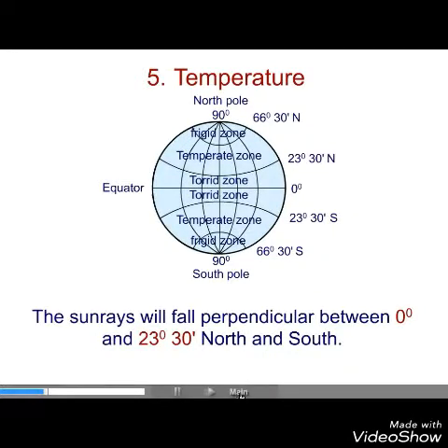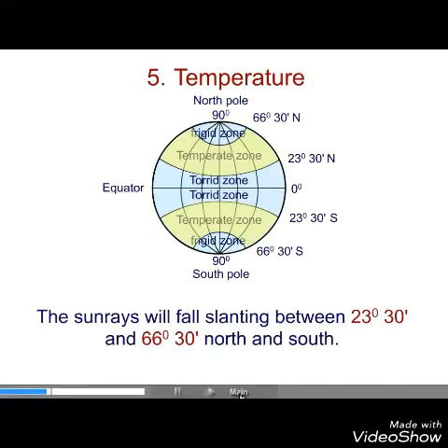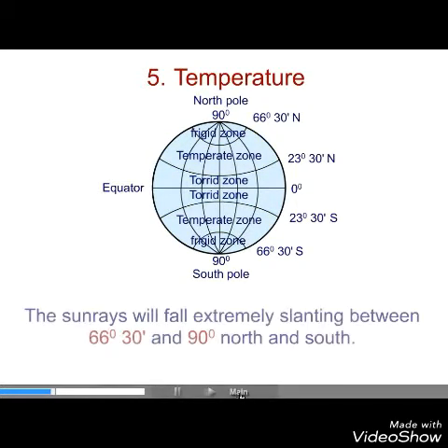The sun rays will fall perpendicular between 0 degrees and 23 degrees 30 minutes north and south. The sun rays will fall slanting between 23 degrees 30 minutes and 66 degrees 30 minutes north and south.